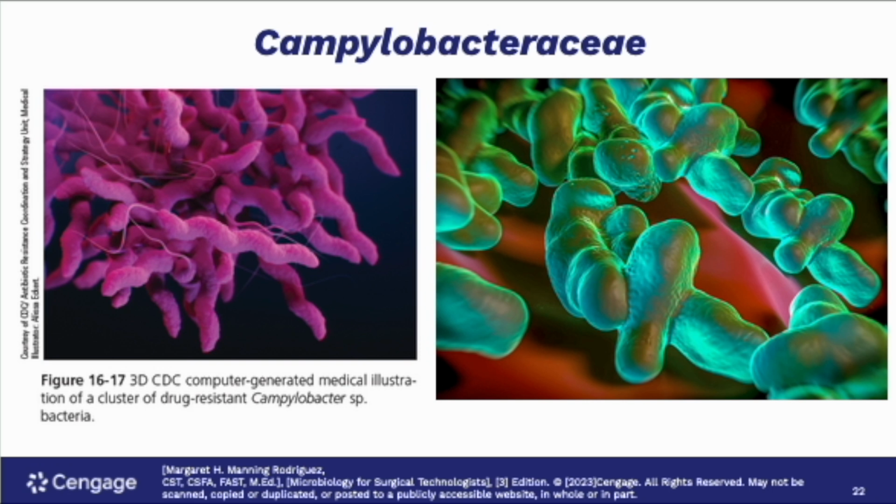It grows optimally in conditions with 3 to 5% oxygen and 2 to 10% carbon dioxide. It is commonly found in birds without signs of infection and can be transmitted to humans through contaminated chicken or manure-contaminated unpasteurized milk. Now, C. jejuni is a leading cause of diarrheal illnesses in the United States, surpassing Salmonella.